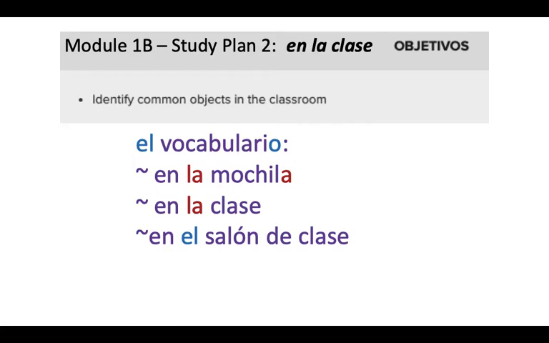So in order to say the vocabulary, the in this case is el. That is the masculine singular way to say the, that you have to connect with a masculine noun. El vocabulario. Now look at the noun for backpack, mochila, ending in A. What do you think that means?